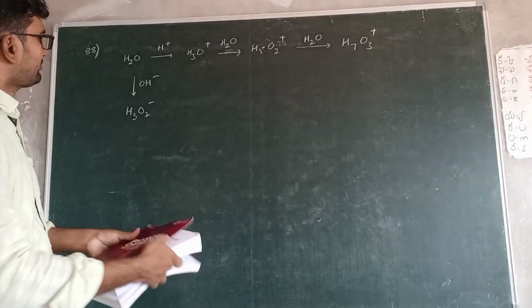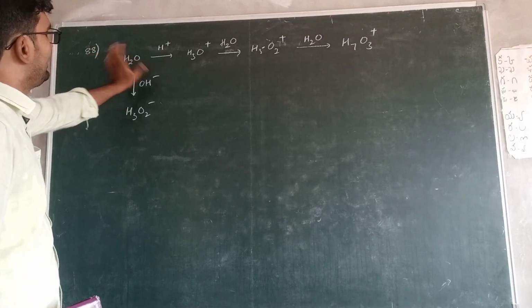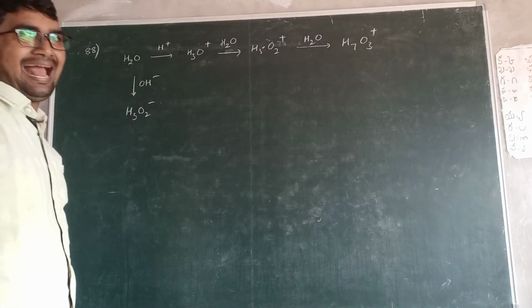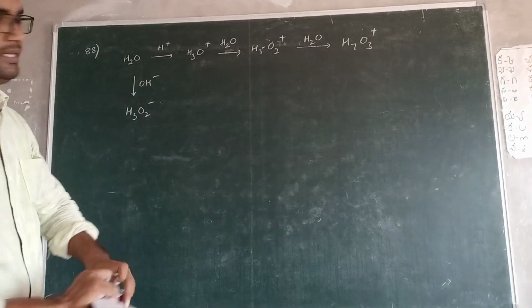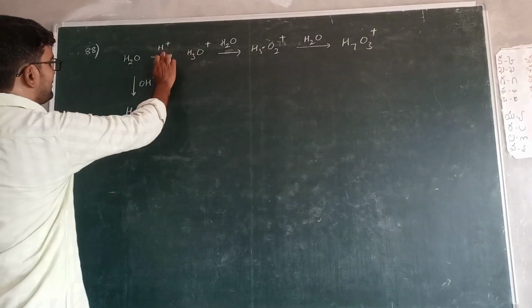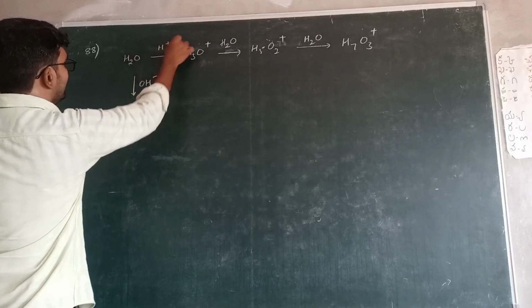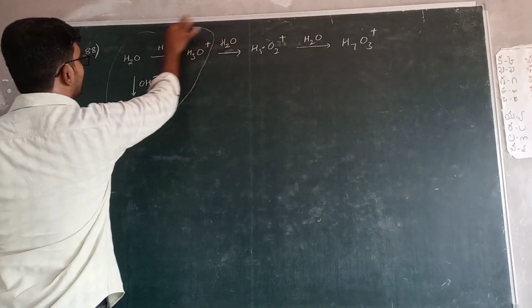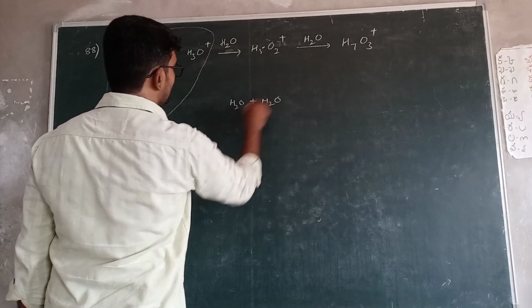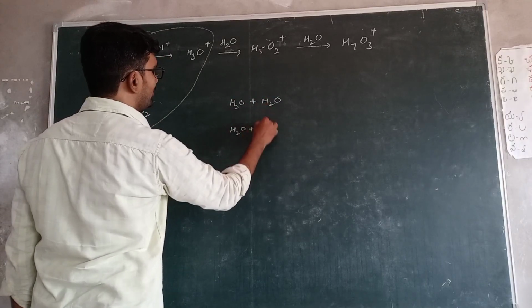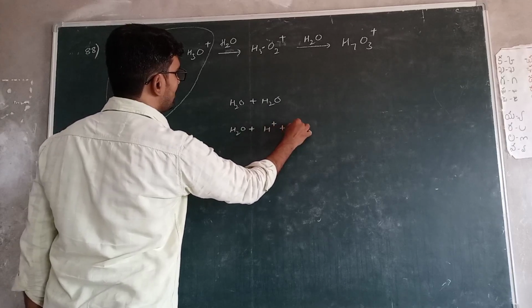Means these are all formed by adding H plus and OH minus ions to H2O. Here initially we are adding H plus for this one. This step is based on H2O plus H plus. So H2O means H plus OH minus.